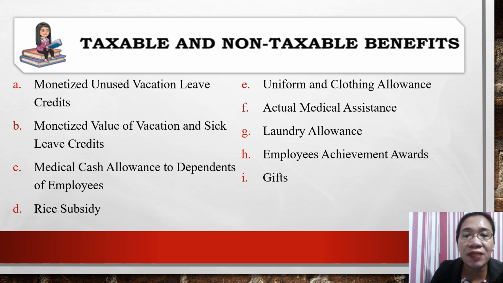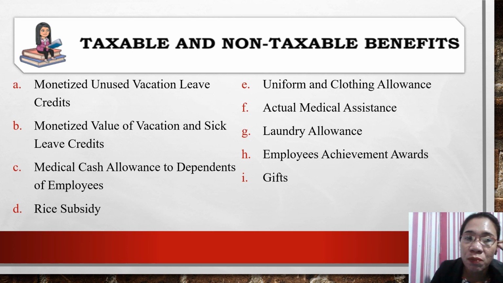Next is gifts. So, when we see gifts, an example of this is Christmas gifts or cash gifts. Matatanggap to ng mga empleyado tuwing Kapaskuhan, ganun. Some are major anniversary celebrations not exceeding 5,000 per employee per annum.